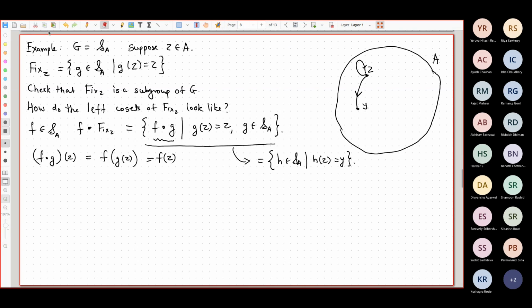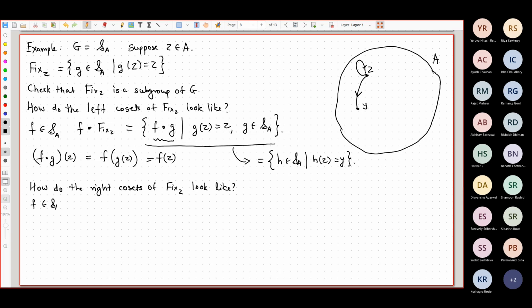Similarly, how do the right cosets of fix Z look? Let us do the same thing once again.